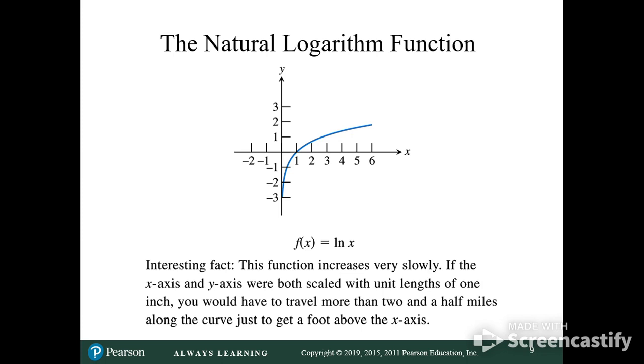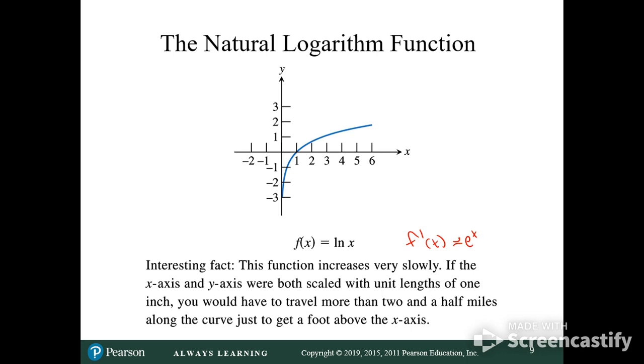You don't need to memorize it like I've memorized it. The natural logarithm function is the inverse of the exponential function e to the x.